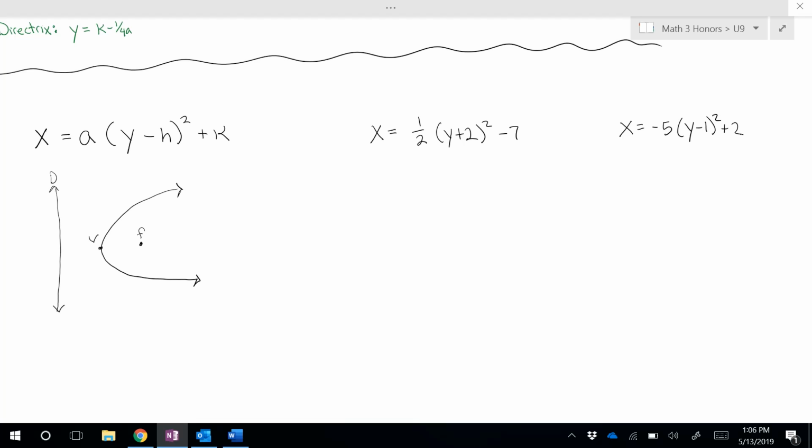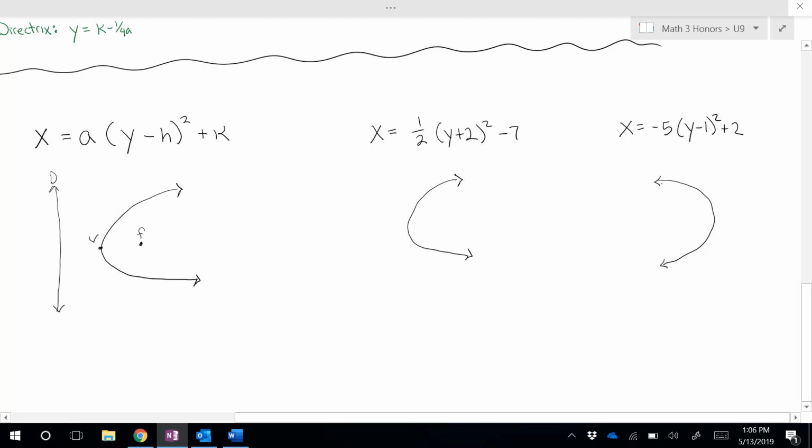All right, so if a is positive, it's going to open to the right, like you said. If a is negative, it's going to open to the left. So this one's going to open to the right. This one's going to open to the left.